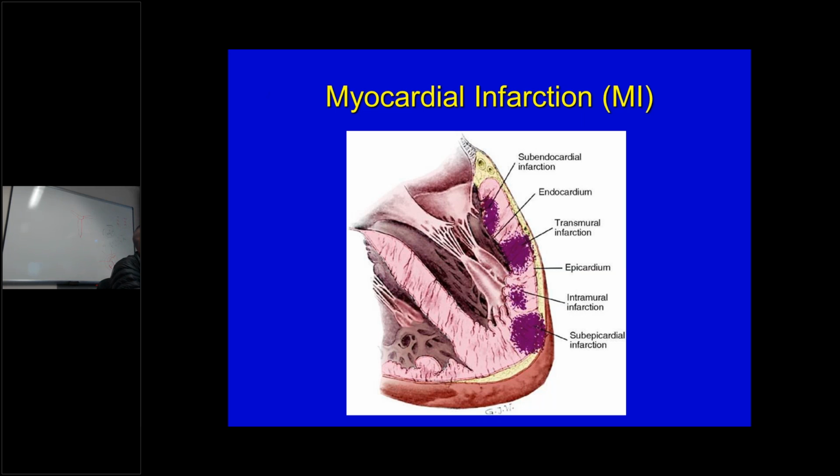Transmural infarction is when you've got infarct through the whole layer. All right, so the endocardium has been hit, and you've got infarct through the whole layer. Very rarely would you get a localized epicardial infarction or subepicardial infarction.